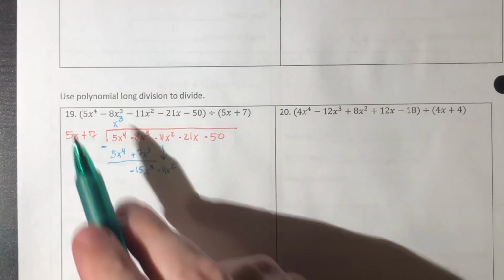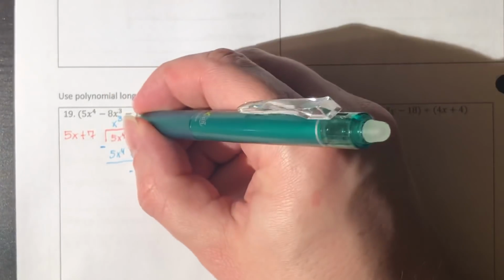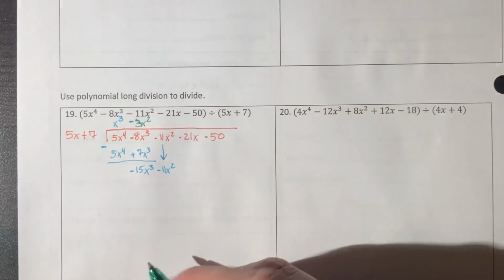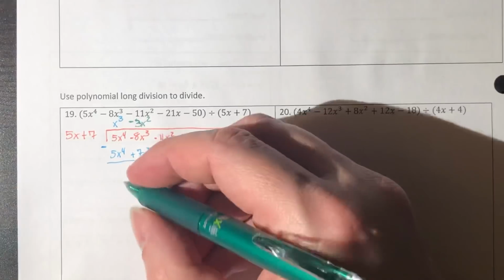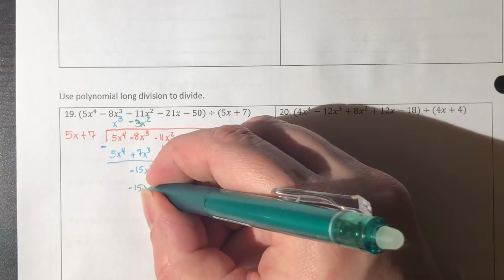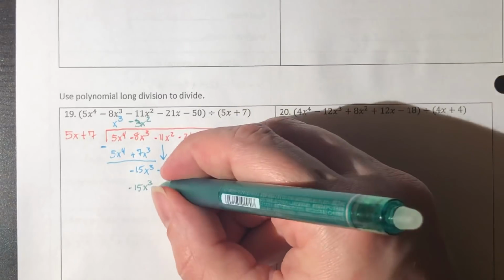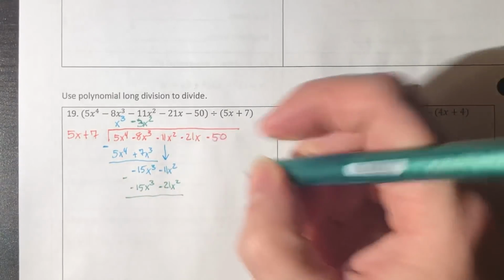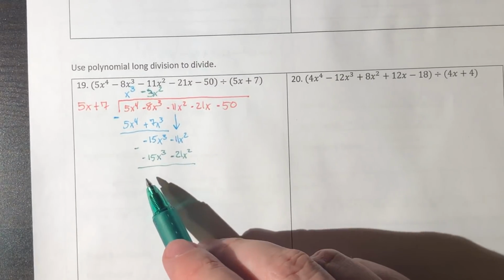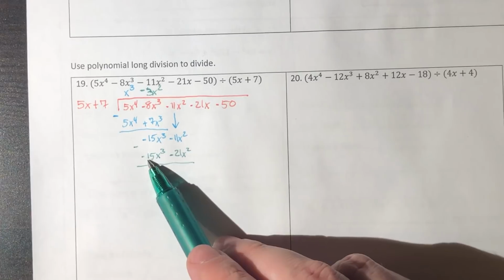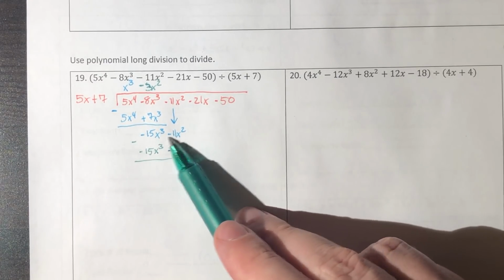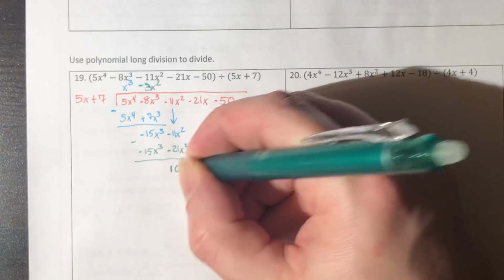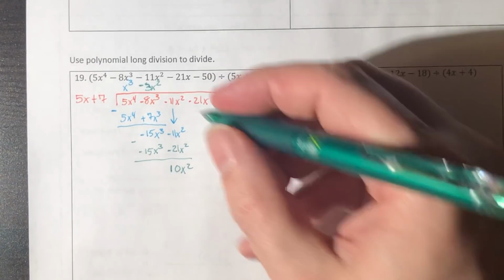And I go again. 5x to get to negative 15x, I need to multiply by negative 3x squared. So I multiply both of those. So that's going to be negative 15x cubed minus 21x squared. When you subtract a negative, what you're really doing is adding. So I've got negative 15 plus 15, those cancel. Negative 11 plus negative 21 gives me positive 10x squared.